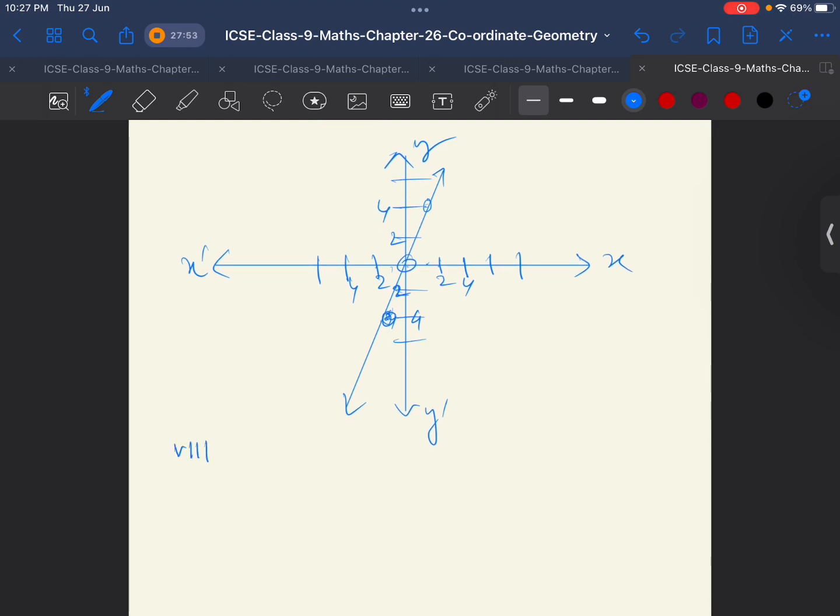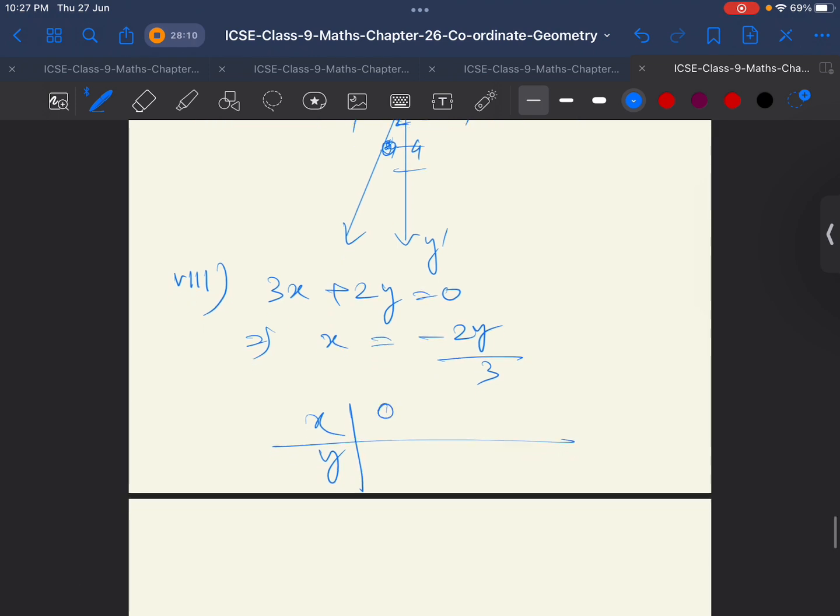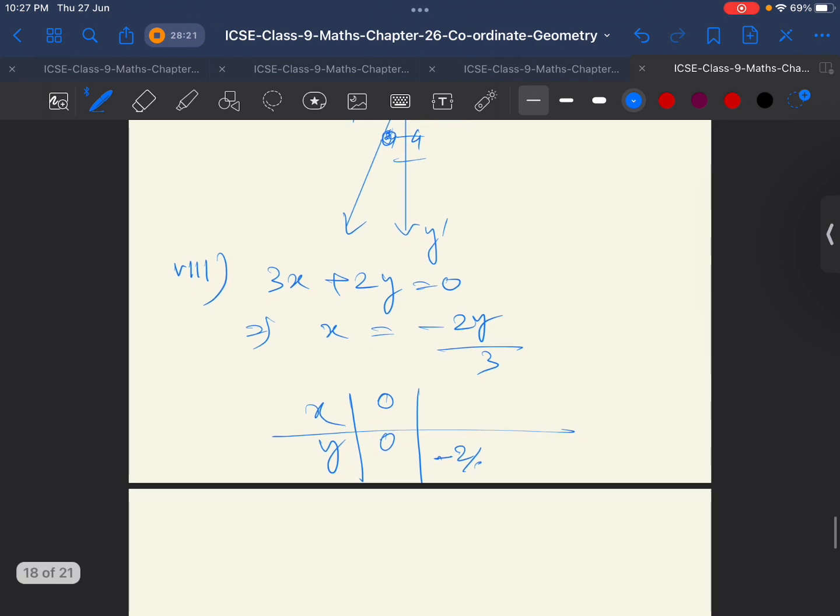Now 8, 3x plus 2y equals 0, which implies x equals minus 2y by 3. So the table is here. If x is 0, then y is 0.